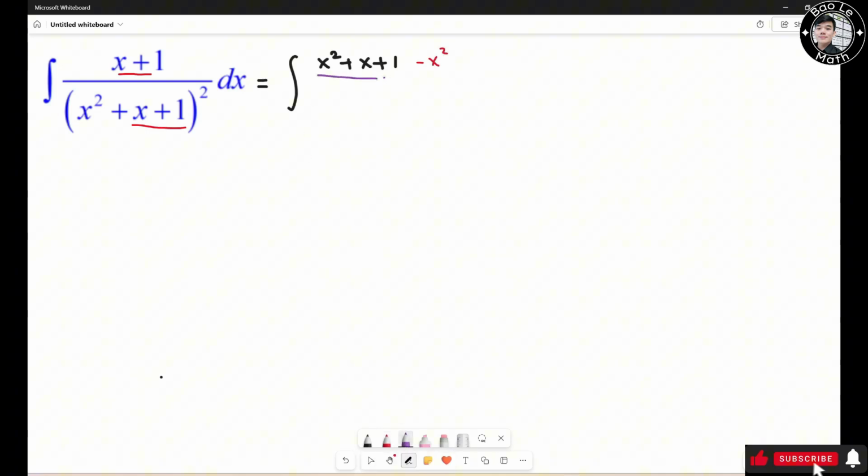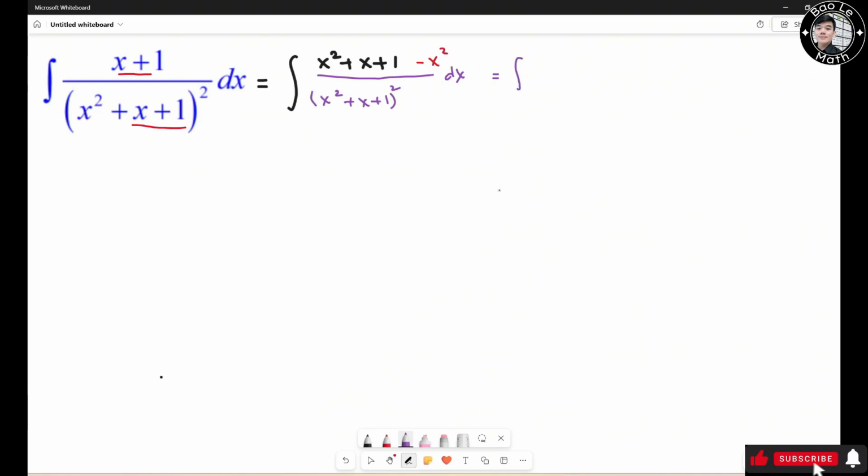Over s squared plus s plus 1 altogether square ds. Now I can split this fraction into two fractions.